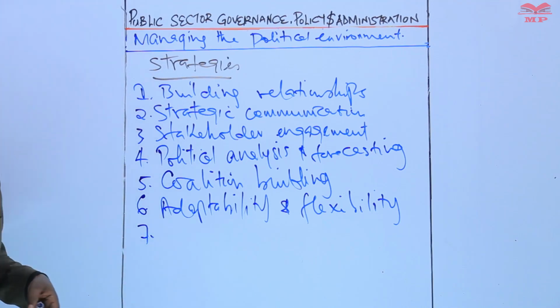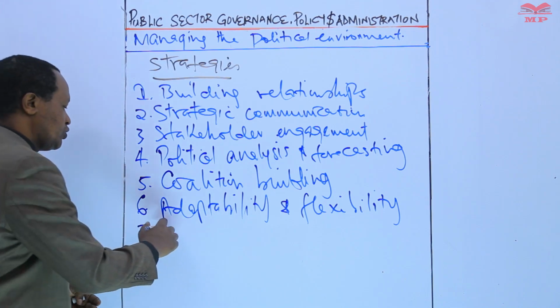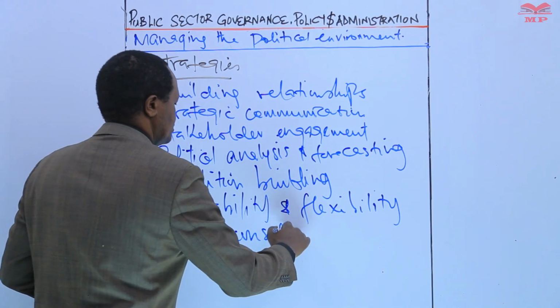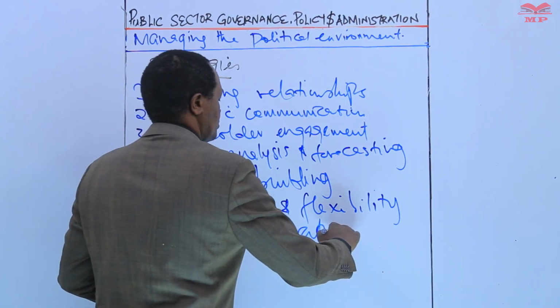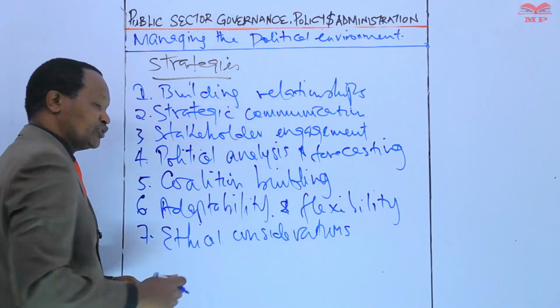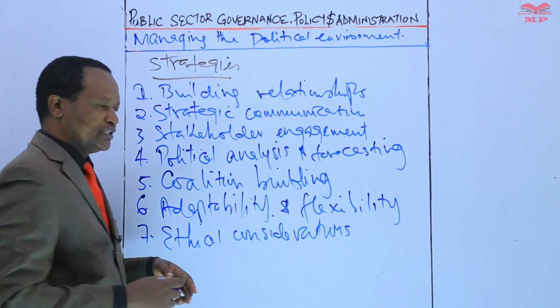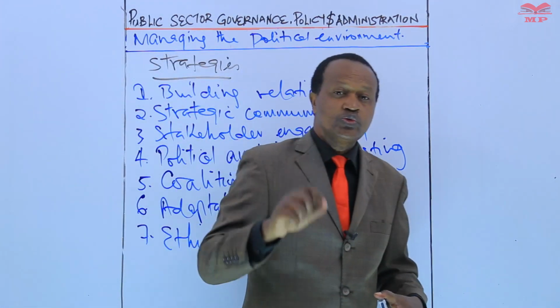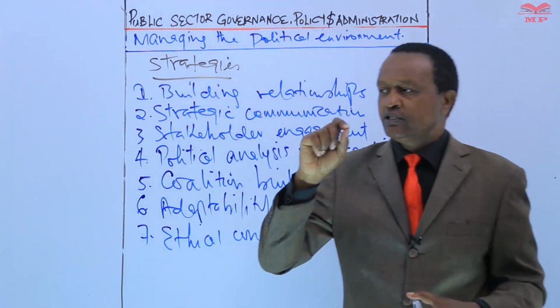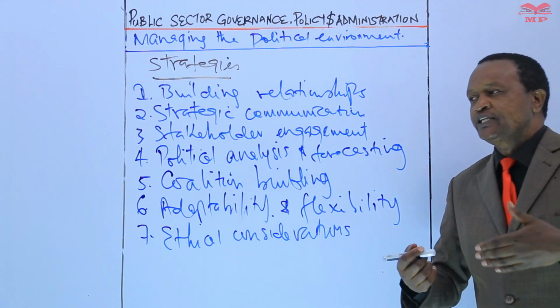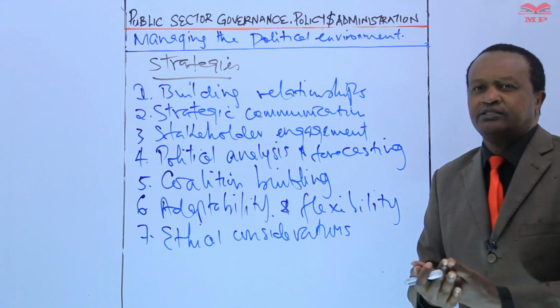The seventh strategy is in relation to ethics, ethical considerations. This means maintaining high ethical standards, which is crucial for building trust, which is crucial for building credibility.